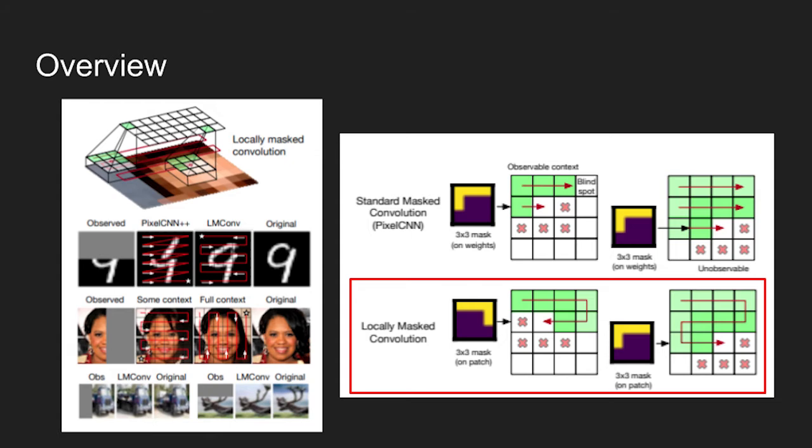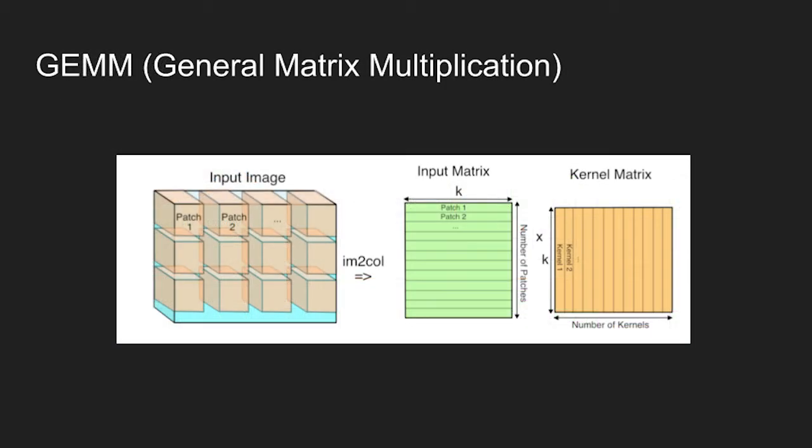To solve this limitation, instead of applying masks on convolution weights, the proposed method applies masking on patches. It adds a modification to the standard convolution operator that allows control over generation order and parallel computation of conditionals for evaluating likelihood. To understand how this works, we should first learn how convolutions are used.